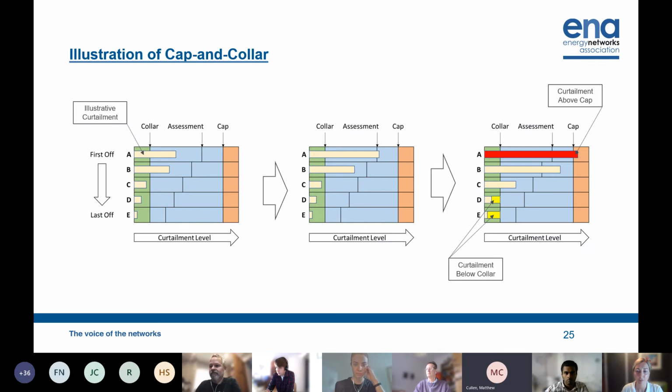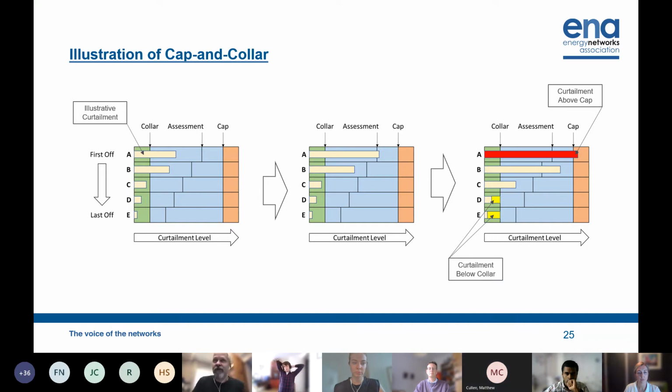Right, so Sven, if I'm right in thinking, the curtailment of customer A is loaded onto customer A first until they hit the cap, and then it goes on to customer B. Or does everybody have to get up to the collar first before you start increasing customer A again? I'm a little confused about when the collar kicks in.